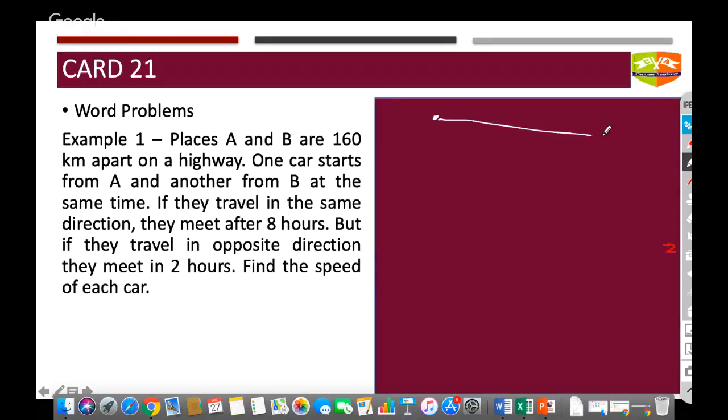These are the two places A and B, and distance between them is 160 kilometer.